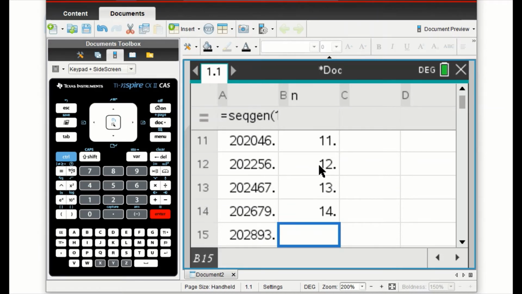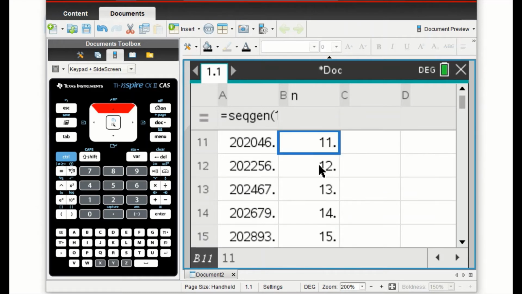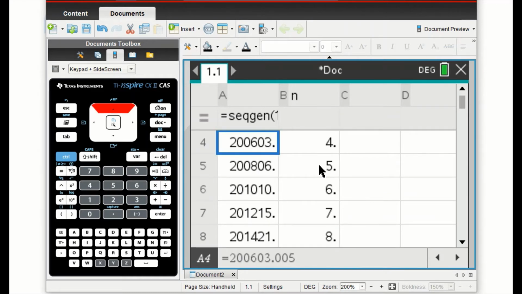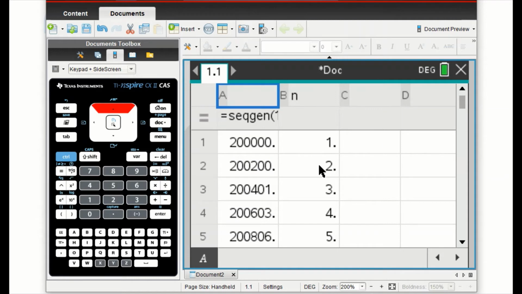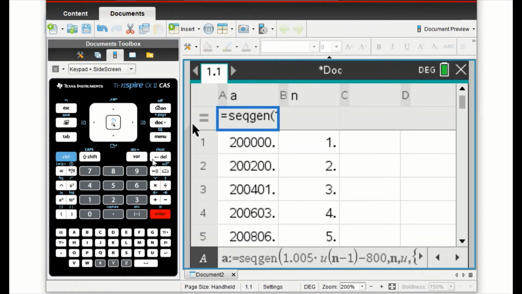But bear in mind that you should be able to imagine the graph in your mind, because it's not the case that for every question you can generate a sequence and check it. Sometimes it will be difficult.